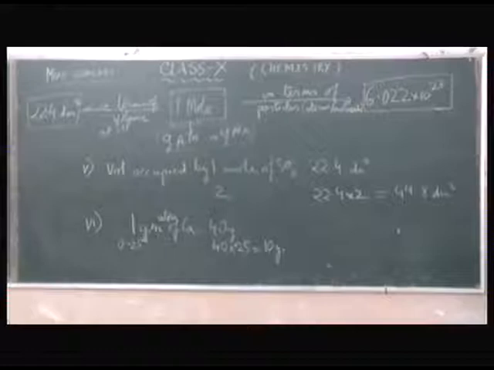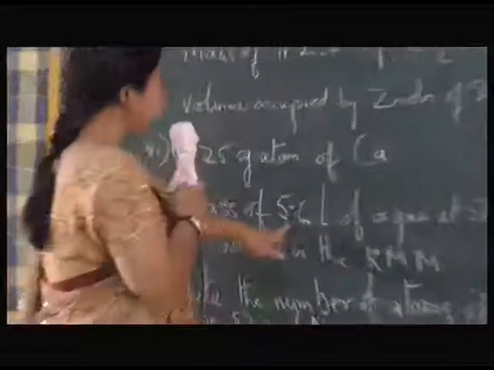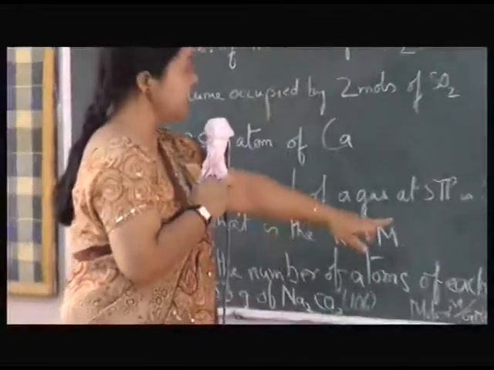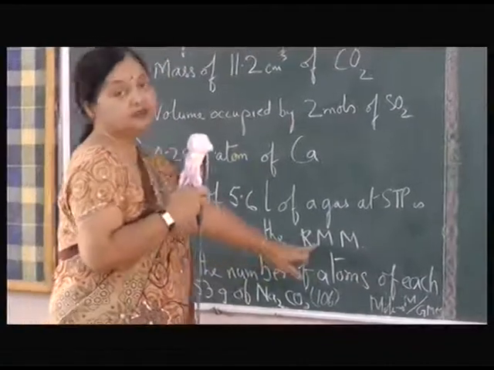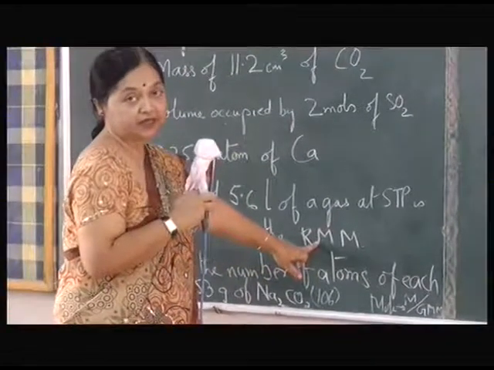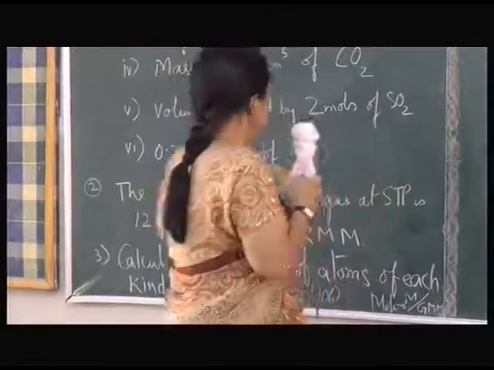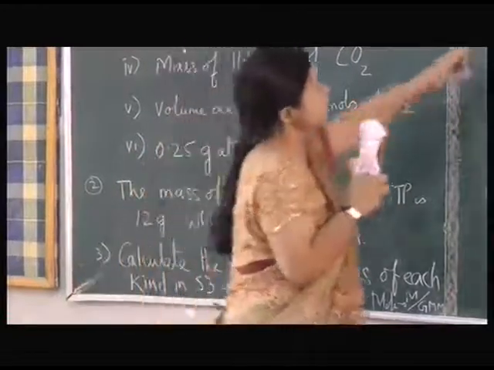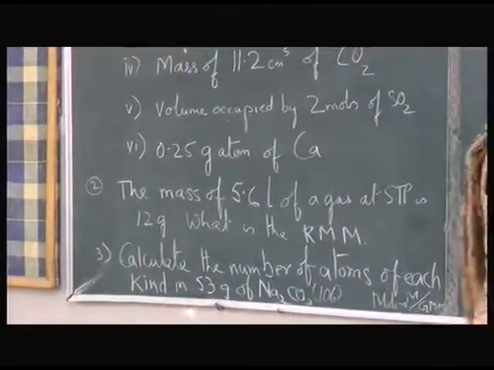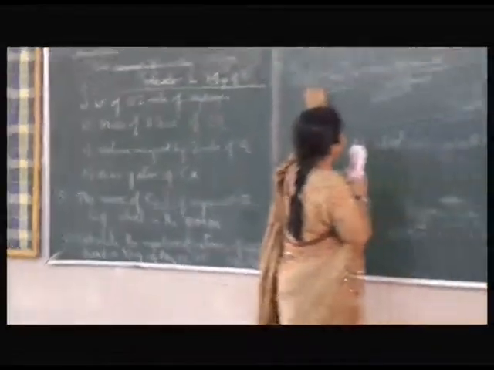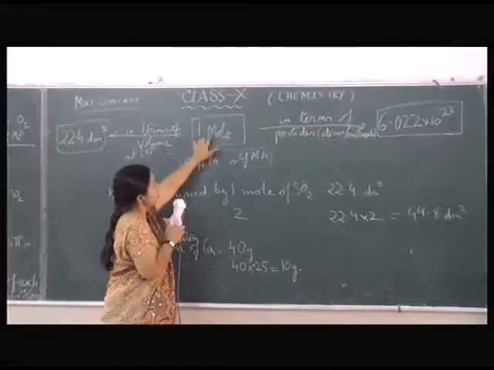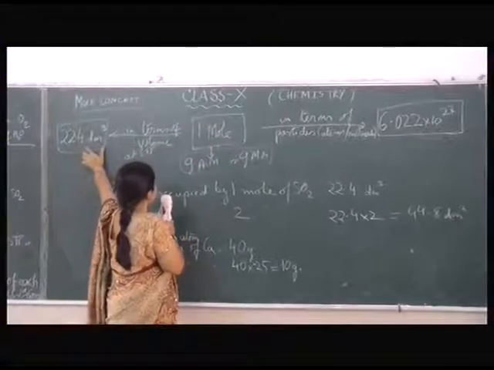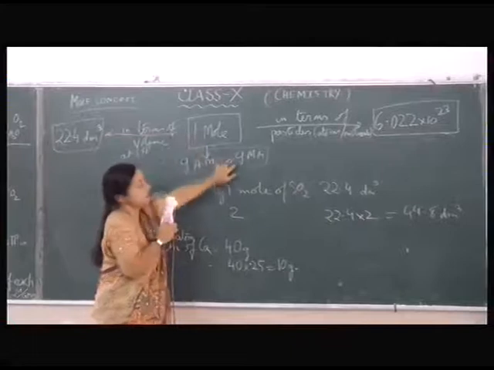Next question. The mass of 5.6 liters of a gas at STP is 12 grams. What is the molecular mass of the gas? Now, how do we relate the gram molecular mass with the volume? 22.4 dm cube is equal to 1 mole, means 1 mole occupies 22.4 dm cube, and 1 mole means the gram molecular mass.